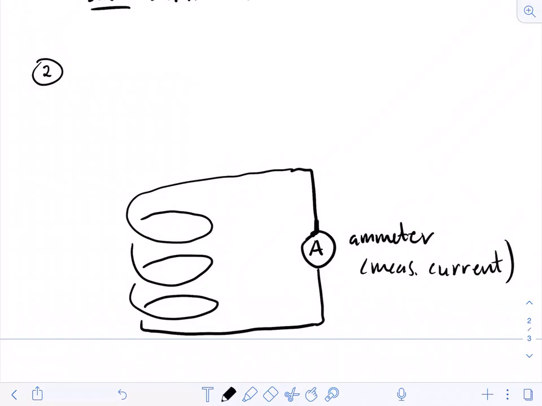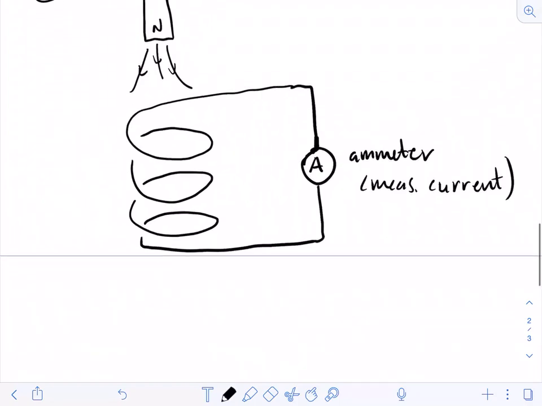Obviously, if we just had a coil of wire and an ammeter and nothing else, then the current would be equal to 0. But what we're going to do is take a bar magnet, and a bar magnet has a north pole and a south pole, and so magnetic fields exit the north pole and they enter the south pole. First, let's just place our bar magnet next to our coil and do nothing else.